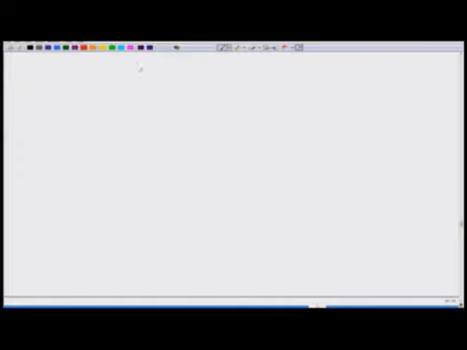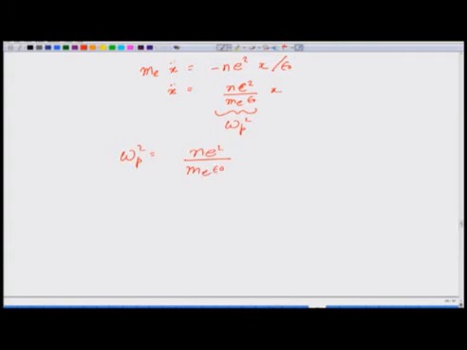So, x double dot equals minus n e square over m e epsilon 0 times x, and this is nothing but omega plasma square. So, omega plasma square is n e square over m e epsilon 0, and this is known as the plasma frequency.